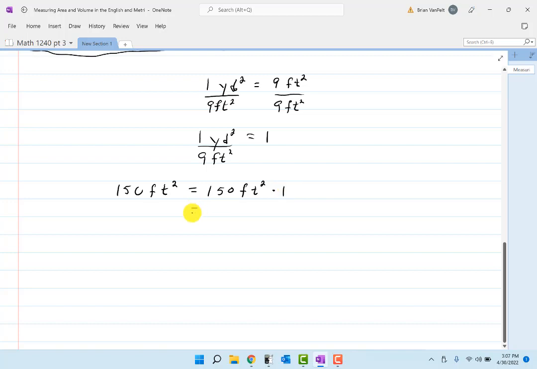But then instead of that 1, I'm going to put in its place the fraction, this guy right here. In fact, it equals 1. So I have 1 square yard divided by 9 feet squared, and you can see how we got the cancellation as we needed. So all of these problems, all of this dimensional analysis is just simply multiplying by the number 1, but in a tricky way.